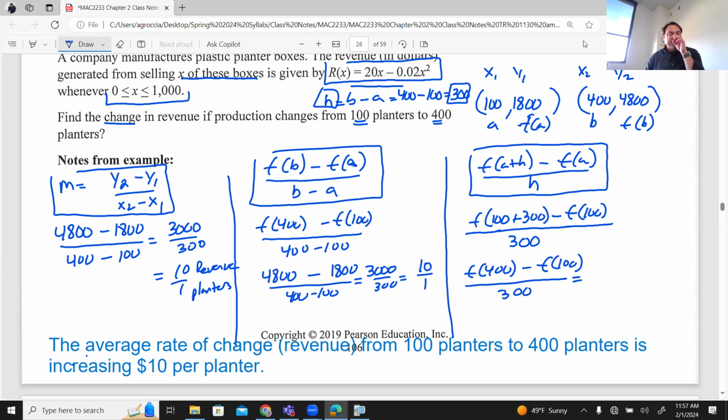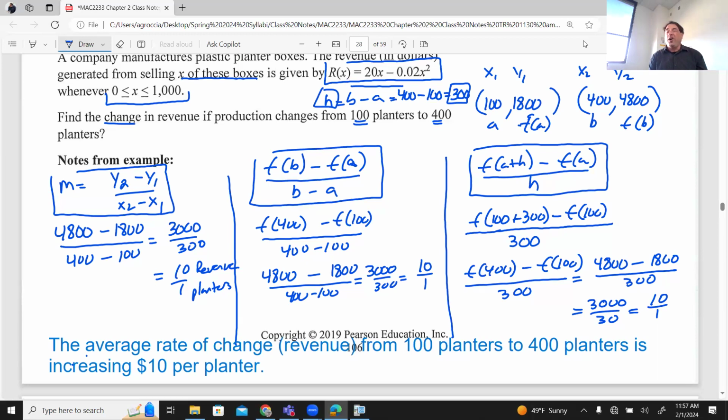As you saw in the previous example, f of 400 is 4,800 minus f of 100 is 1,800 over 300. You get 3,000 over 300, which again gives you 10 over 1. All three are the same thing.